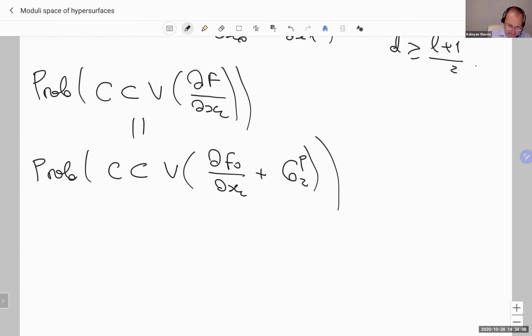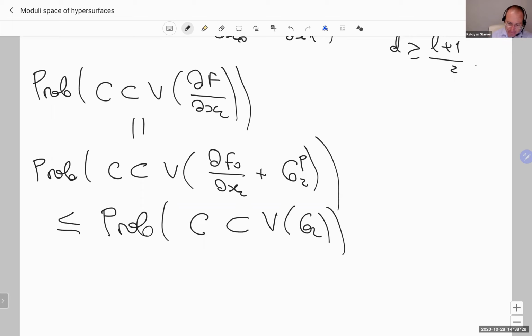This probability is less than or equal to, again, if g2 is so that C is contained in this vanishing and g2 hat is so that C is contained in the vanishing, then their difference must be in the ideal of C. So this probability is less than or equal to the probability that C is contained in V of G2, by exactly the same argument as before.